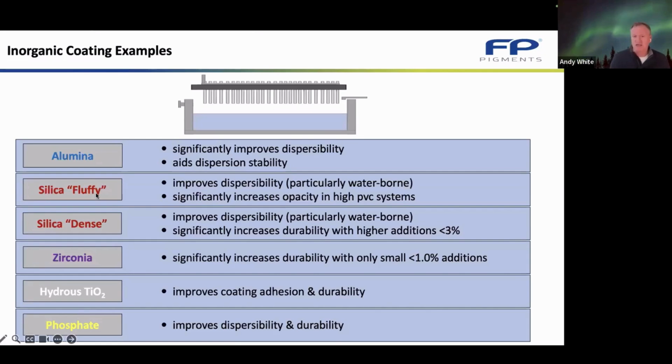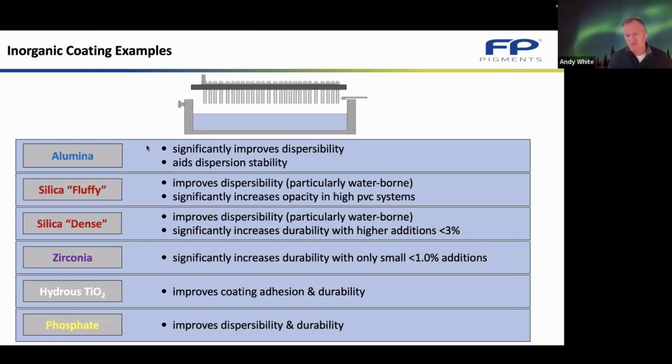There's a fluffy silica, which generally improves the dispersibility, especially for waterborne paints. But this fluffy silica can also be used in some of the grades that you may not see that much in the African market now, but which were prevalent in Europe and the US about 10 or 20 years ago, where they essentially use this silica to increase the oil absorption of the TiO2 to create a TiO2 with a partial dry hide effect.